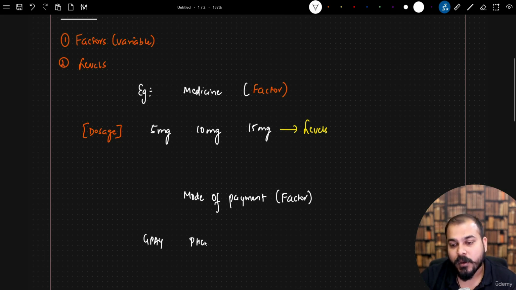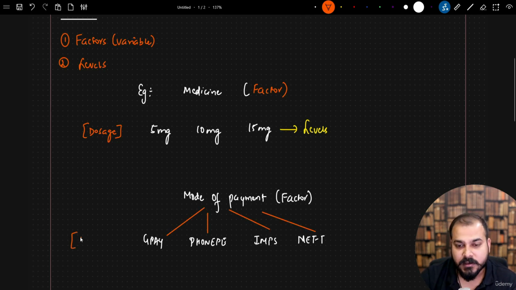Let's say you are paying by PhonePe, you have IMPS, NEFT, and other ways like demand draft. In this particular case, mode of payment is definitely a factor, but all these other things are levels. I hope you have understood the difference between factors and levels.